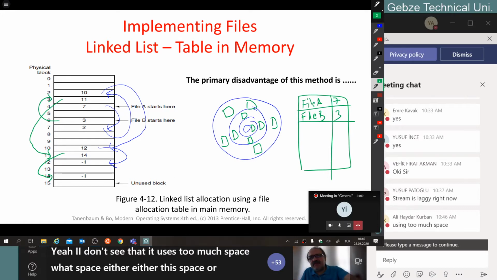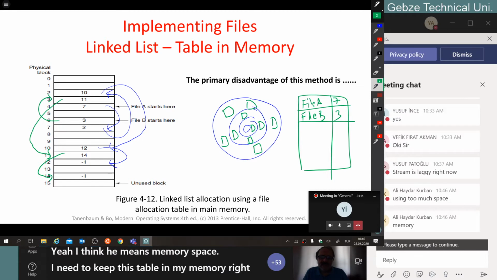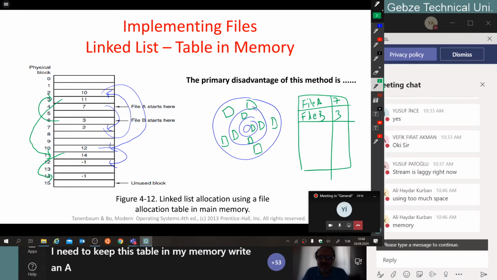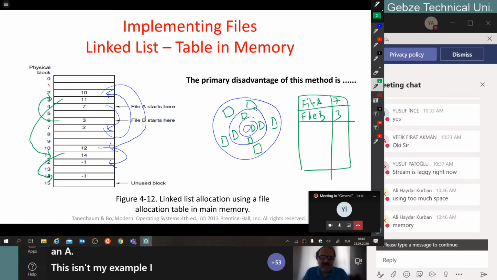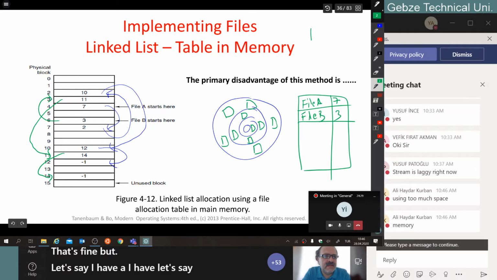I need to keep this table in my memory, right? And since this is a toy example, I have only 16 blocks. That's fine, but let's say I have 1 terabyte of disk space.